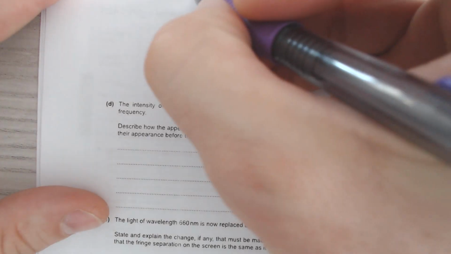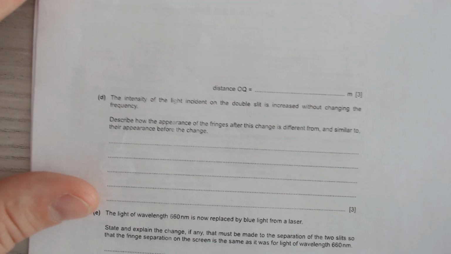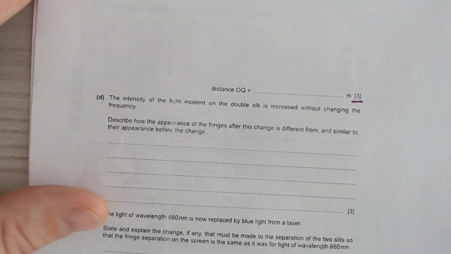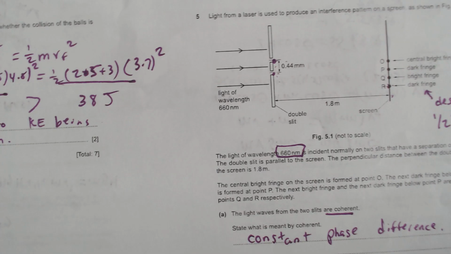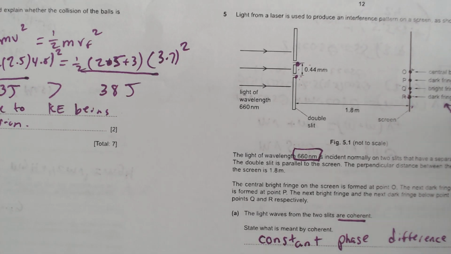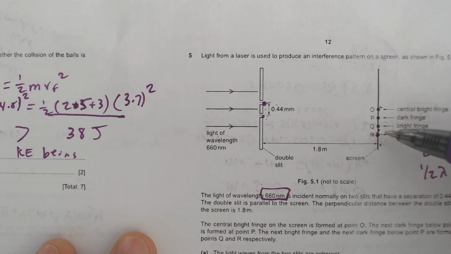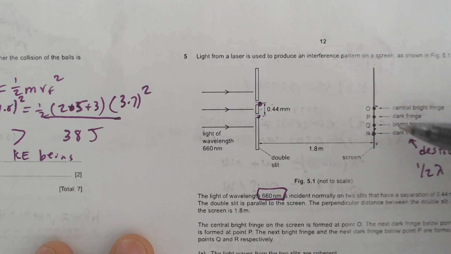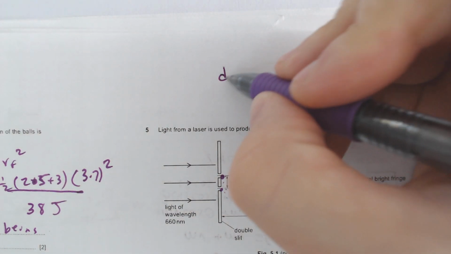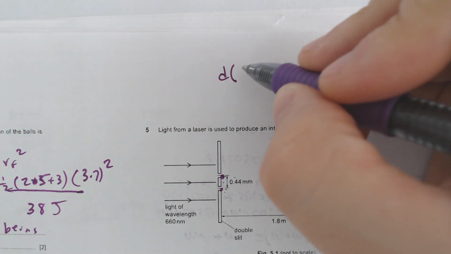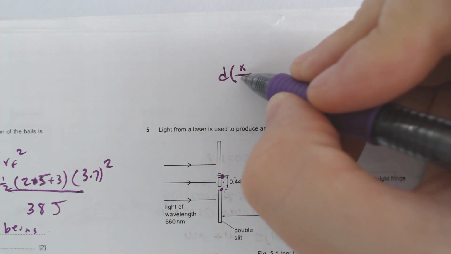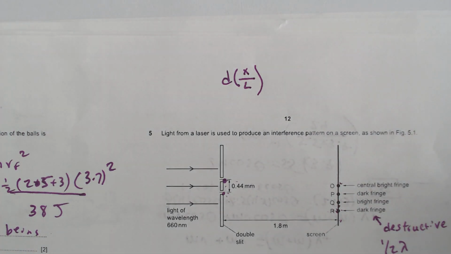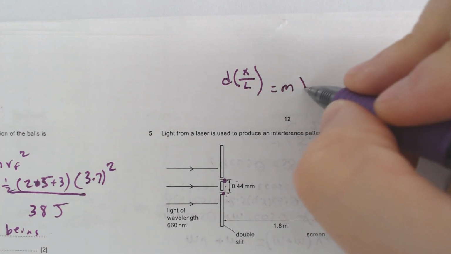All right. Calculate the distance from O to Q. It is a 3-pointer. I need to look at the problem. We are looking from O to Q, which is from the central bright spot to the next brightest fringe. Our formula is x over L, I think I called it, or y max over L, is equal to m lambda.